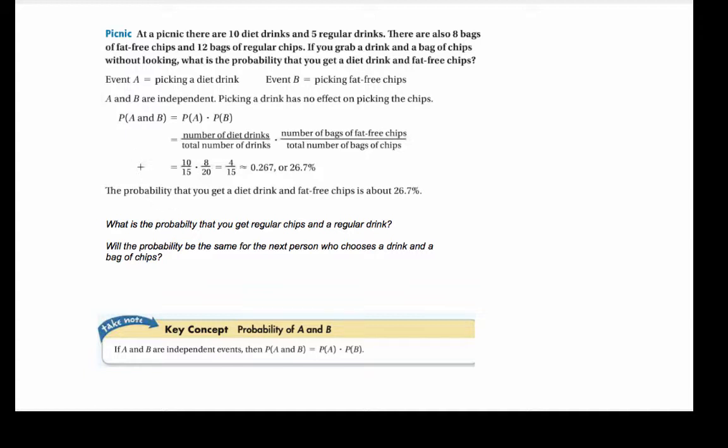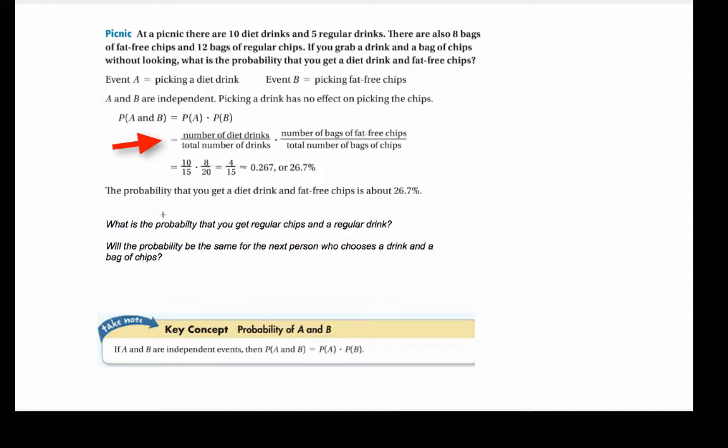So we can look at the probability of A and B. What's the probability that we pick a diet drink and pick fat-free chips? The calculation we're going to do is figure out the probability of A, and then multiply that by the probability of B. Here's how we would find those two probabilities.